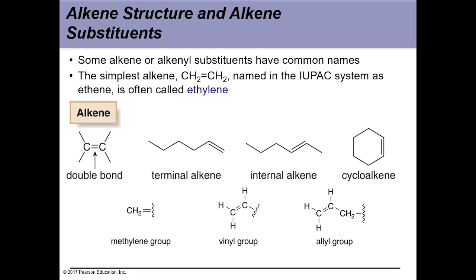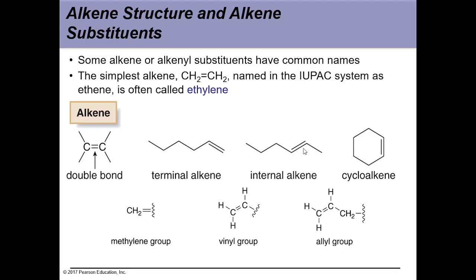So here are some of the names. When we have double bonds, we call them alkenes. It spells almost like alkane, A-L-K-E-N-E. Compared to without a double bond, it will be A-L-K-A-N-E, but this one will be A-L-K-E-N-E. You can have a double bond on the very end of the chain, so we call it a terminal double bond or terminal alkene.